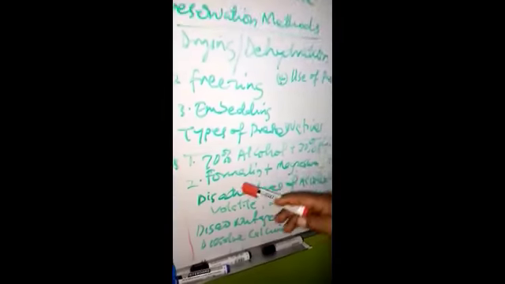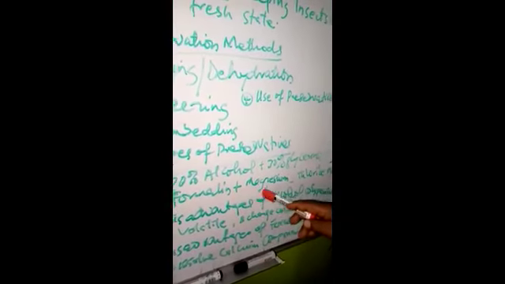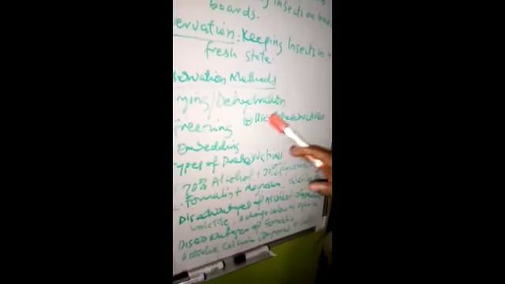Another preservative you can use is formalin plus magnesium toluene. These two are the basic materials used in preserving insects and arthropods. Both the alcohol and the formalin have disadvantages.